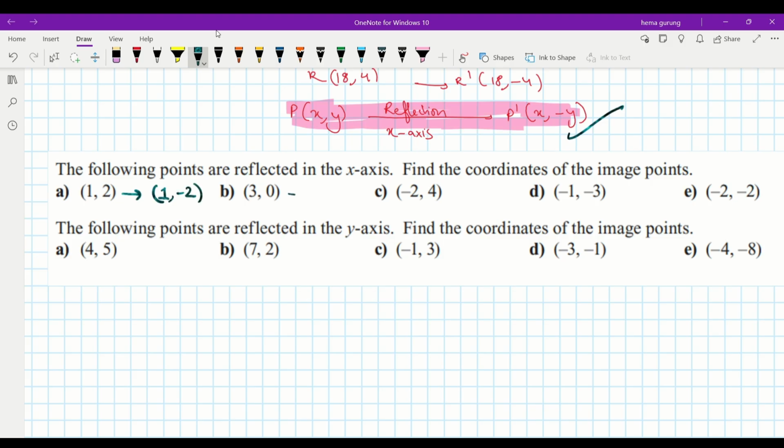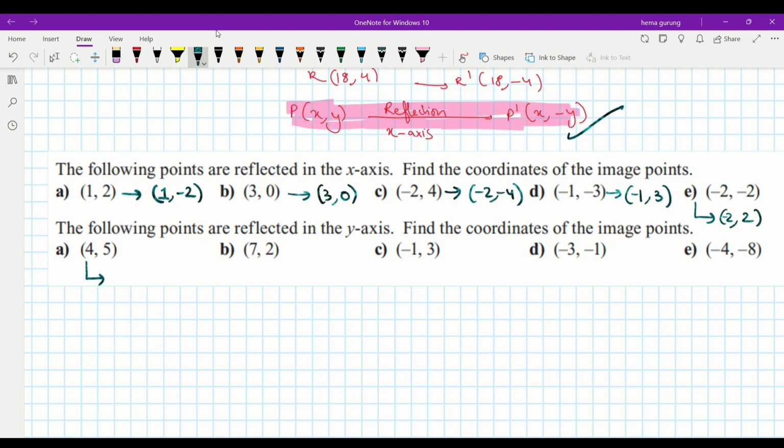What about this one? This one will be 3, 0, because negative 0 is 0. This one, negative 2, negative 4. This one, minus 1, and what is negative of negative 3? That will be 3. And this one, negative 2, and negative of negative 2 is 2. That's about the reflection in the x-axis.